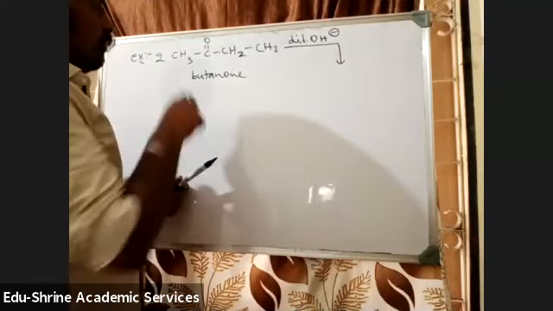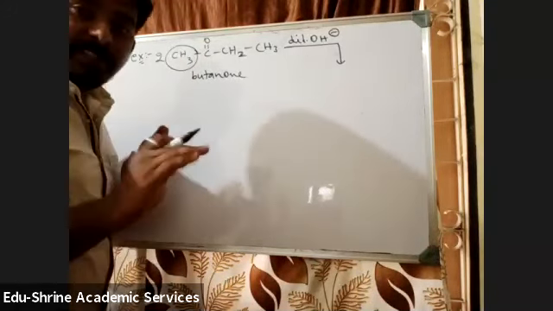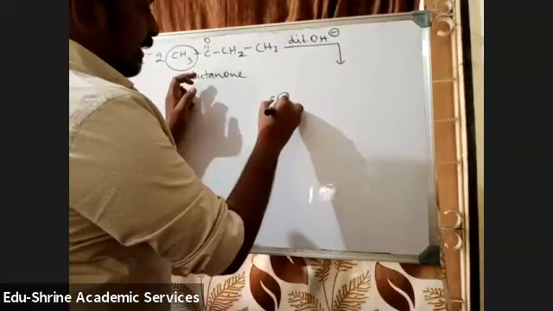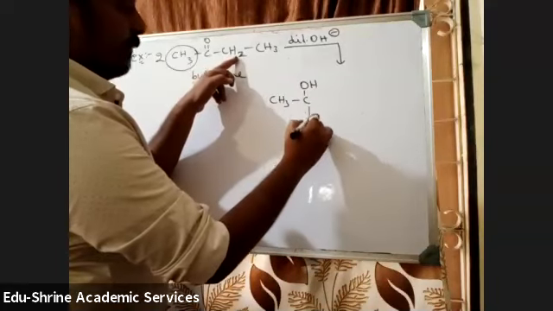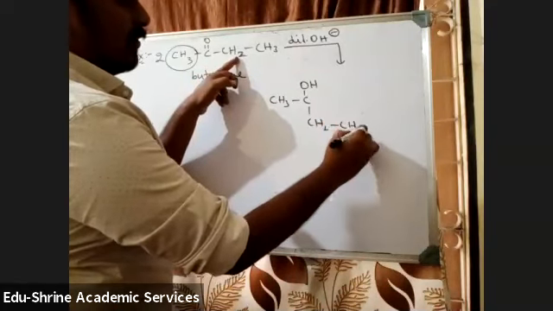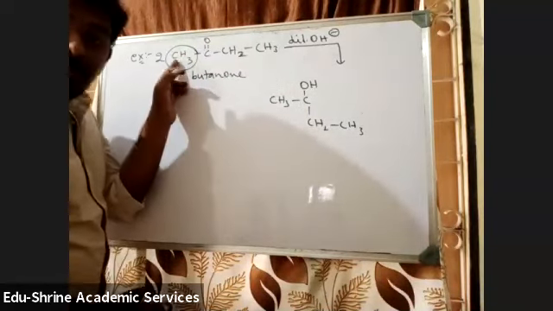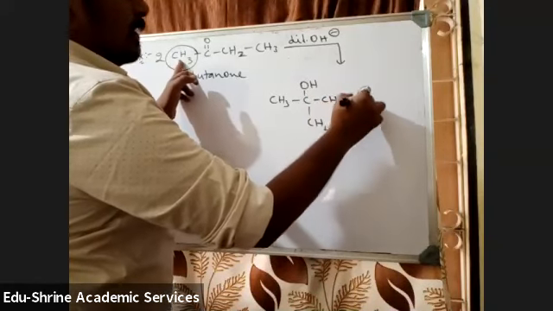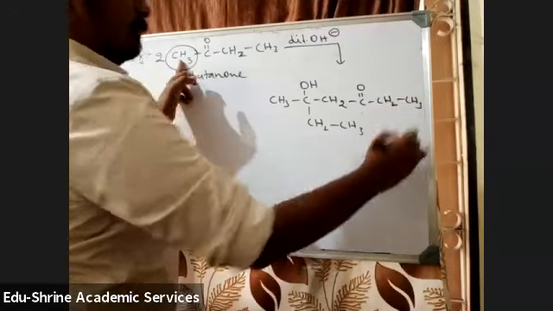So take one molecule, which will be attacked by the base. First take the first molecule, write down CH3, C double bond O, CH3. To this carbon atom, CH2, CH3 are attached. Then from the other carbon atom, this is the place where base will be attacking, which is converted to CH2, C double bond O, CH2. Okay?